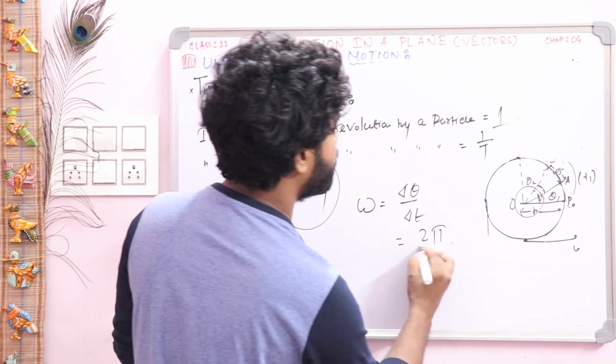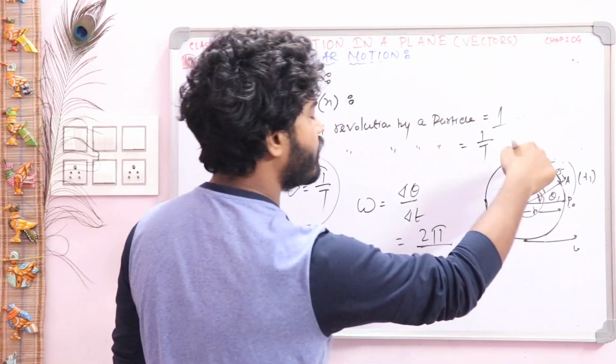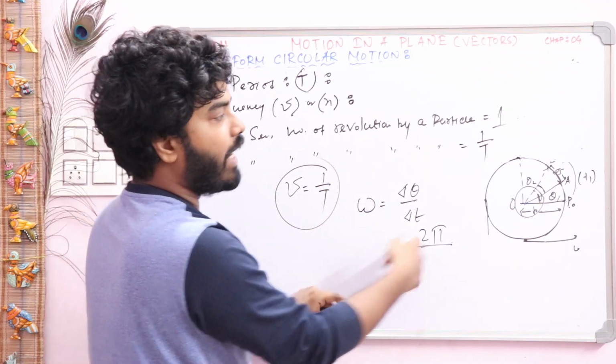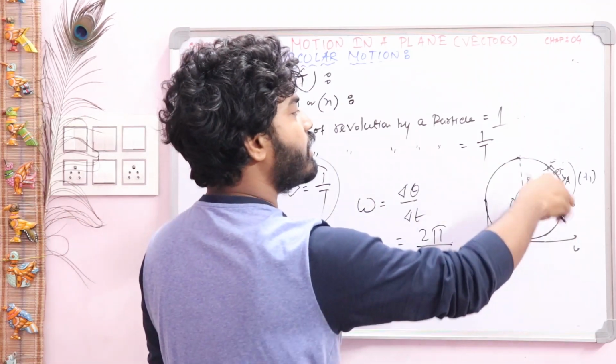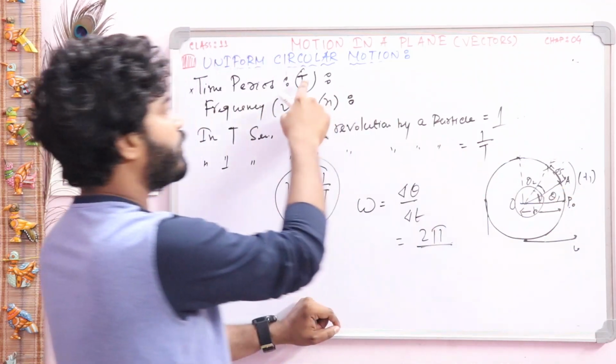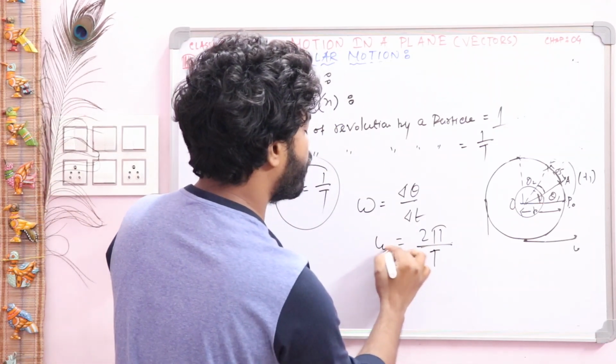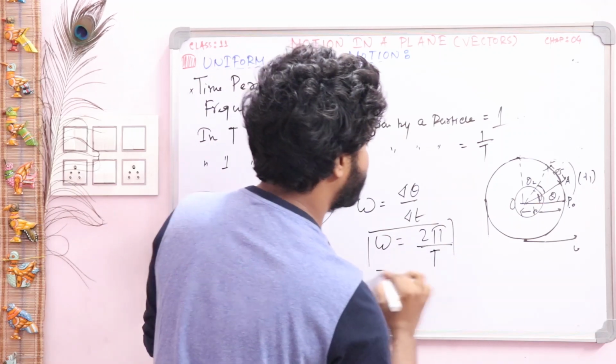So del theta, the angular sweep for one revolution, is 2 pi. And in one revolution the time taken is defined as the time period, capital T. So del t will be capital T, and omega is equal to 2 pi by capital T.